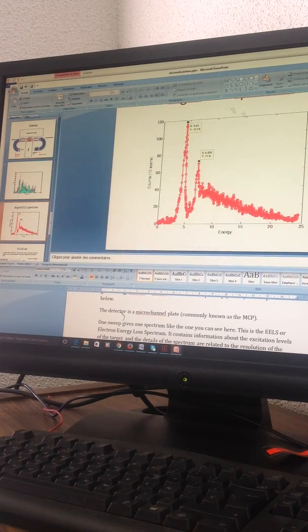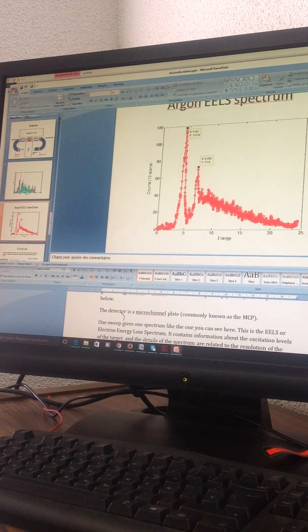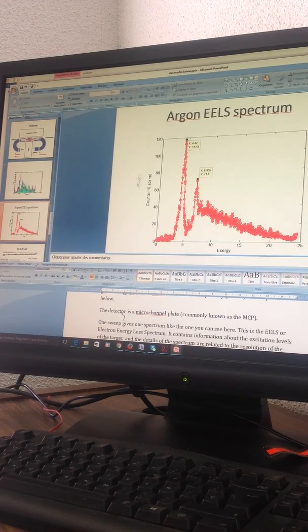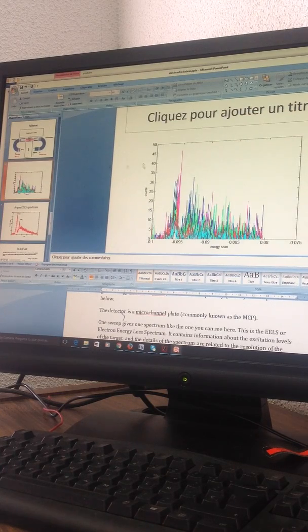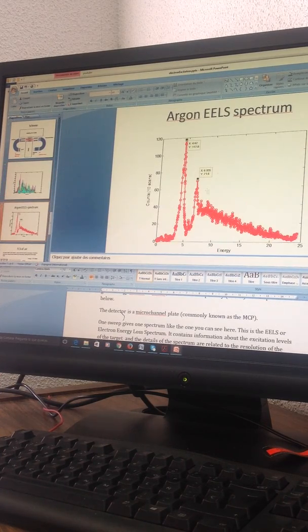It is basically the sum of 5 spectra repeated under the same conditions, and by the sum you get a smooth spectrum where the noise is reduced, kind of canceled out.